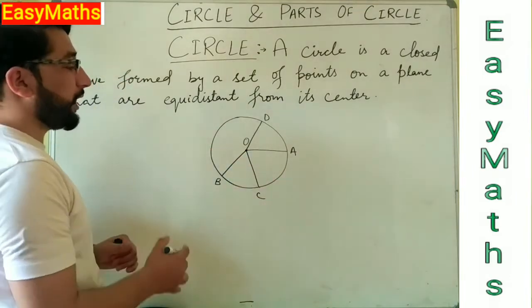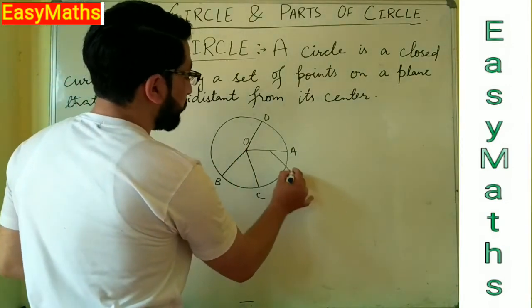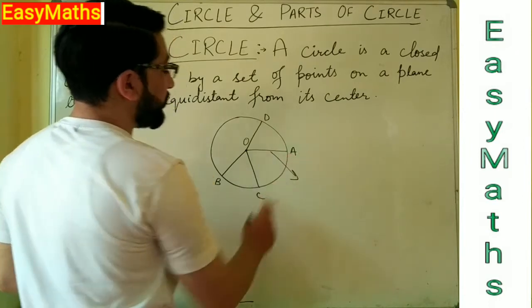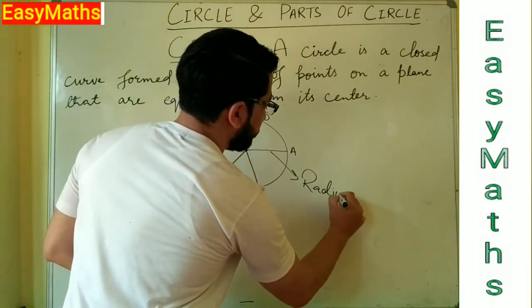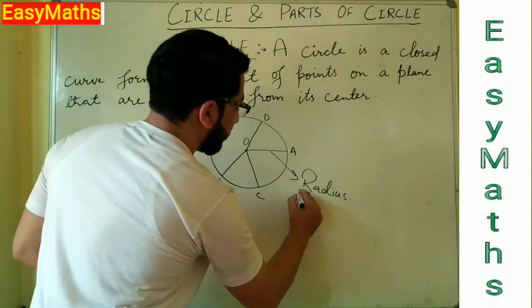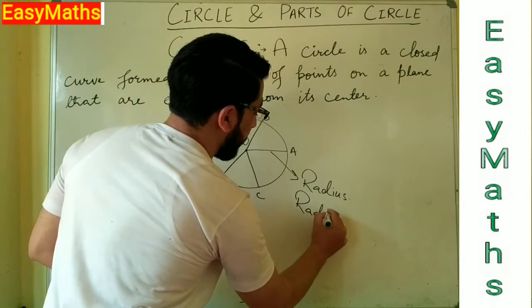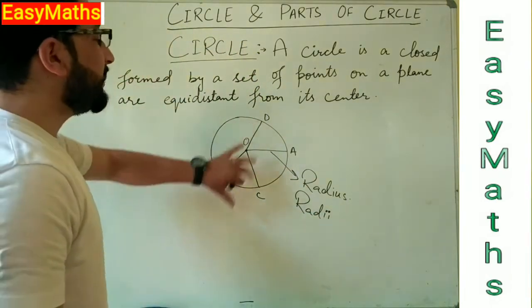Now the question for us is, what are these lines called? This line from the center to the boundary of a circle is called a radius. And the plural of radius is radii, R-A-D-I-I.